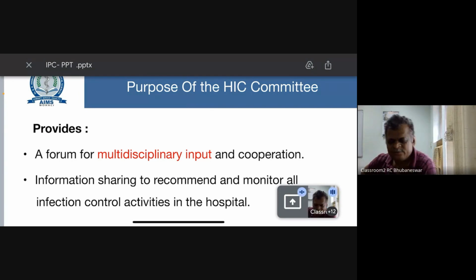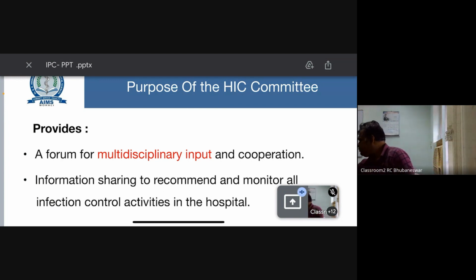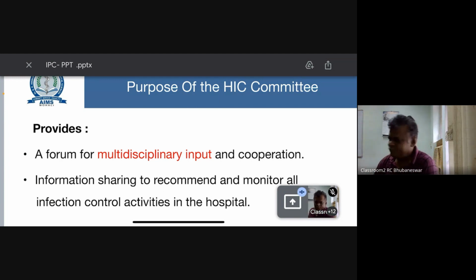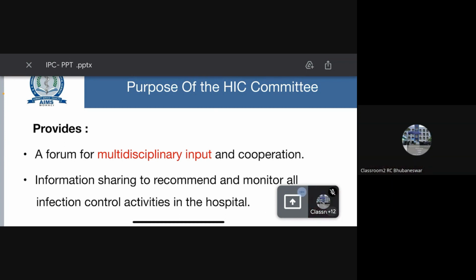Continuing with the HIC committee of my institute: what was the purpose of formulating such committees? It provides a forum for multidisciplinary inputs and cooperation, because every discipline and every specialty is involved, particularly medicine and surgery, and we have to involve the OT services, pharmacy, and antiretroviral therapy (ART) people.